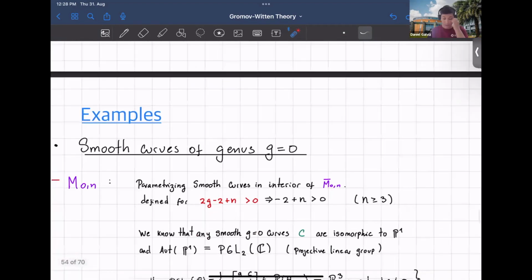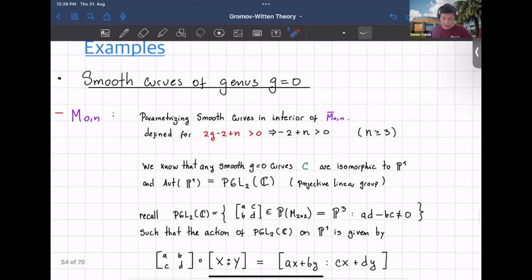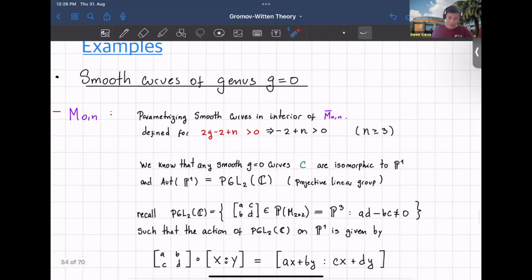For example, the smooth curves of genus g equals 0. So parameterizing these smooth curves, the coarse moduli space M_{0,n} with n marked points, then we have the constraint, right, on how many g and n I can have in order for this moduli space to be stable.